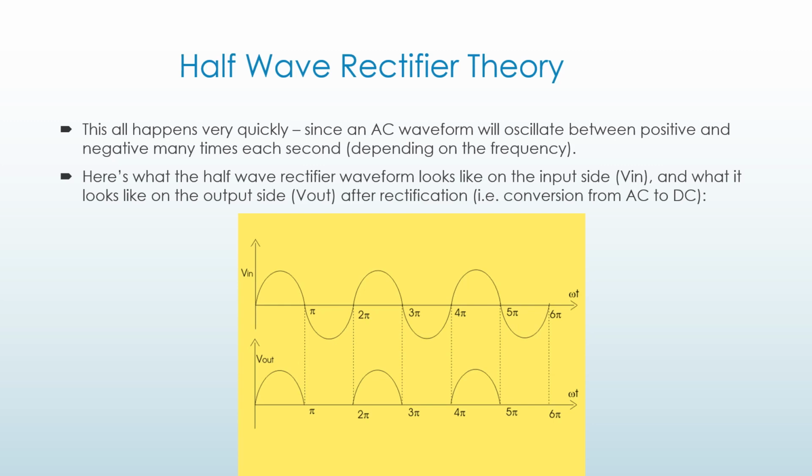Here's what the half wave rectifier looks like on the input side, as in the figure below, V in, and what it looks like on the output side as V out after rectification. It means conversion from AC to DC.